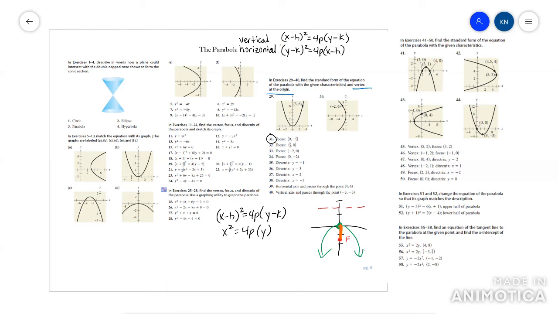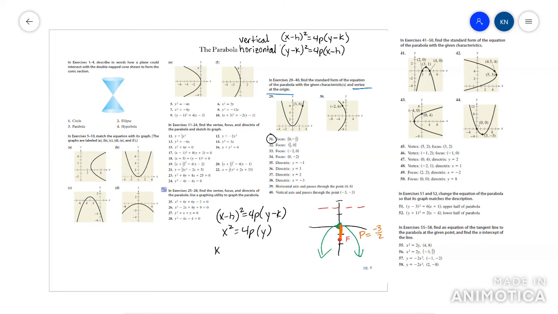And so now to get this equation in standard form, really all you need is this p-value right here. And your p-value is just this orange distance. It's 1/2. But since this parabola is opening down, you need to realize that it's a negative. And I said 1/2 earlier, it's 3/2, sorry. So my p-value here is -3/2, like -1.5.